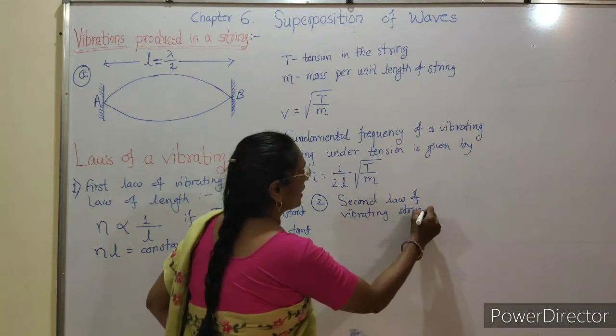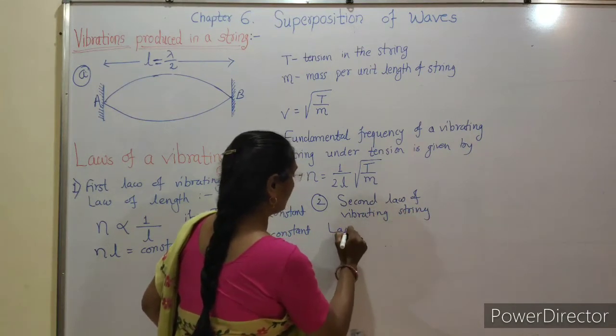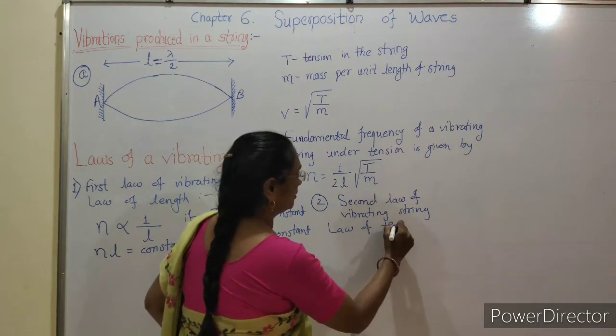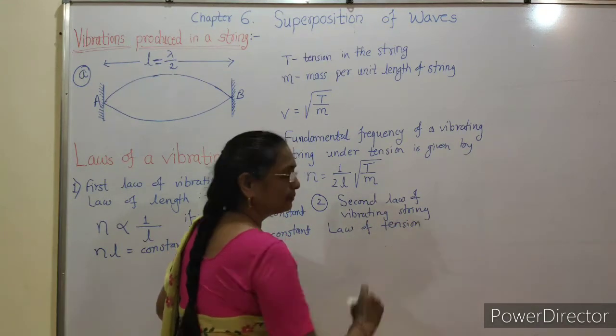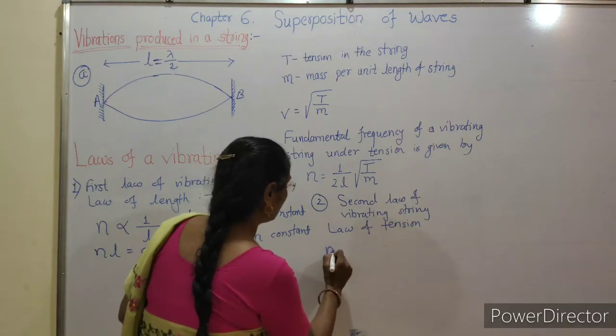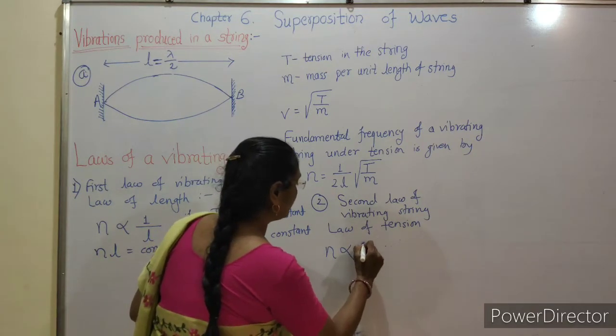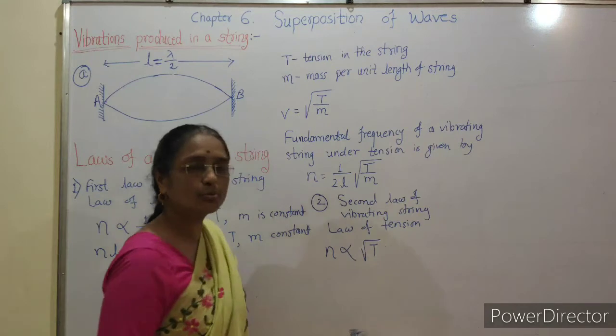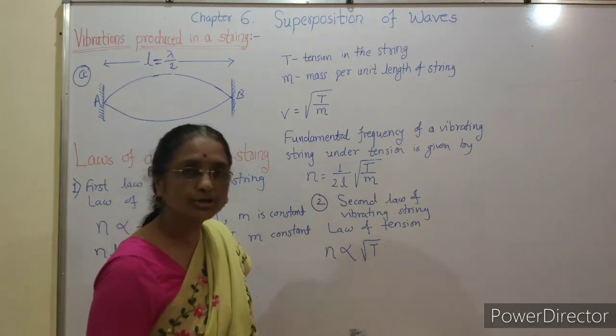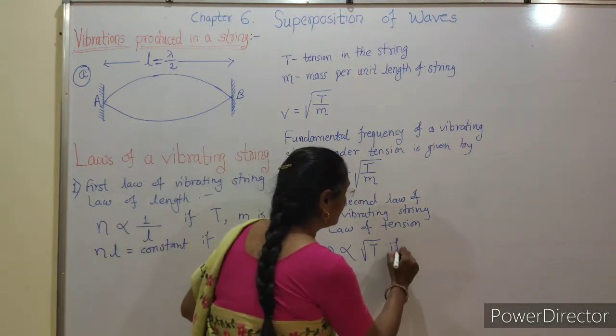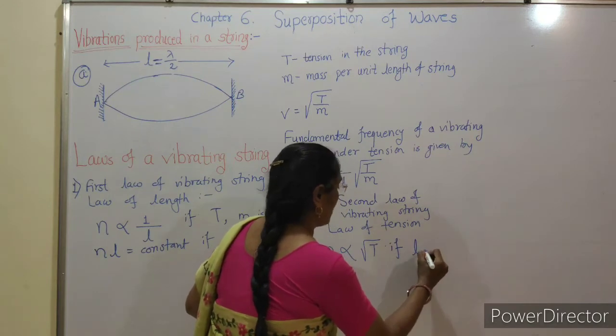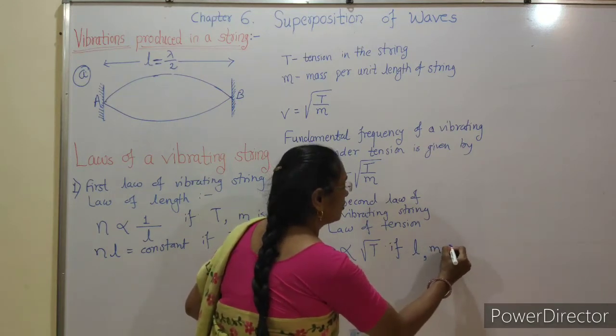It is called the law of tension. How can we write that conclusion or that law? N is directly proportional to under root T if L and M are constant.